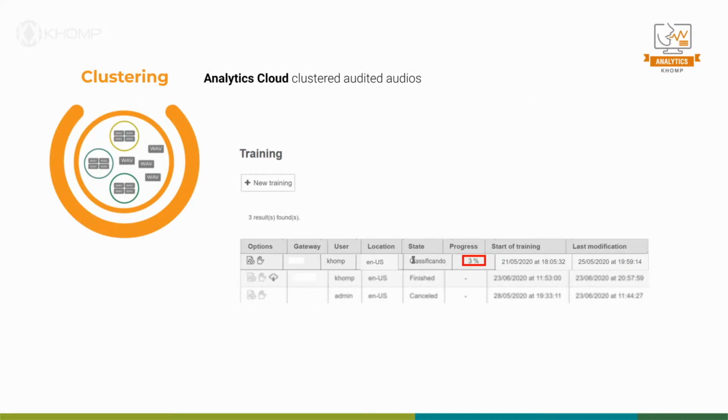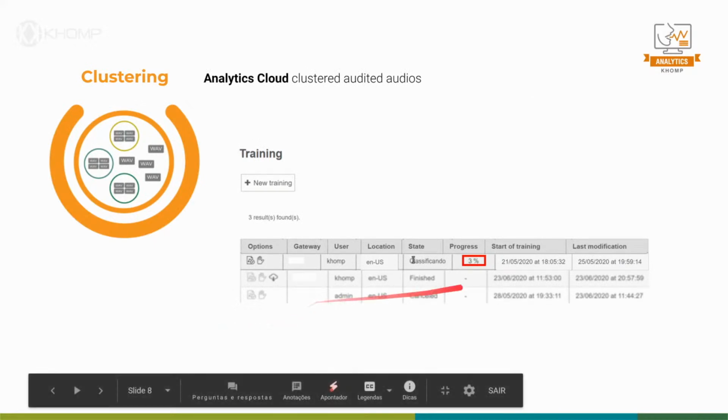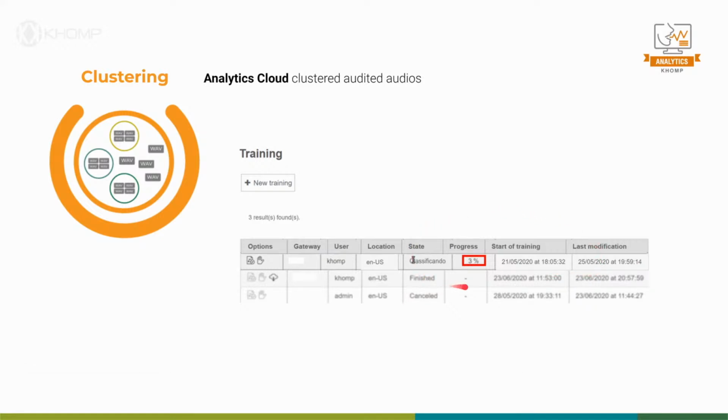Nice. The second step is clustering, but before the clustering, we have a process that synchronizes all the record files in Flow, the recordings that Flow made for the last 60 minutes. All the record files are synchronized with Insight, and Insight sends these files to our analytics cloud. It is a Khomp cloud with all the AI, and all the training will be there. So the previous learnings we will have there.